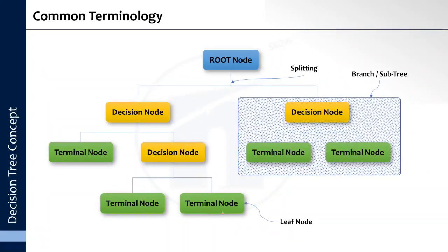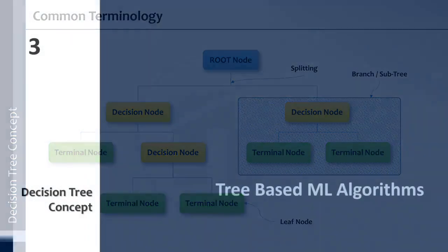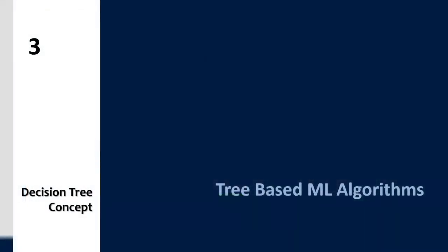So this is the root node, and the first splitting is done, and the 2 decision nodes are there. If a node can be split further, it is a decision node. If a node cannot be split any further, it's a terminal node, like this one, this one, this one. So the terminal nodes.